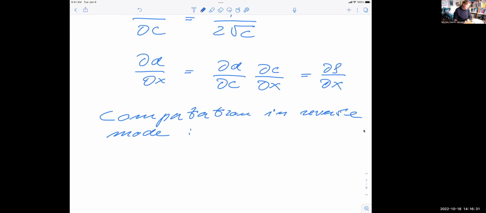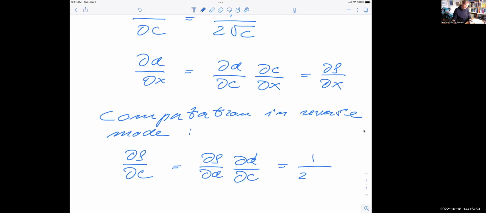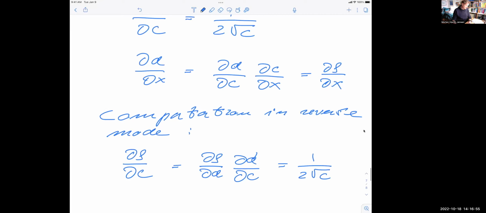So the quantity which we need to calculate now is df/dc, and that is equal to df/dd times dd/dc. We know that the first term here is simply 1 because f is equal to d. And this term, which we have here, is 1 over 2 times the square root of c.